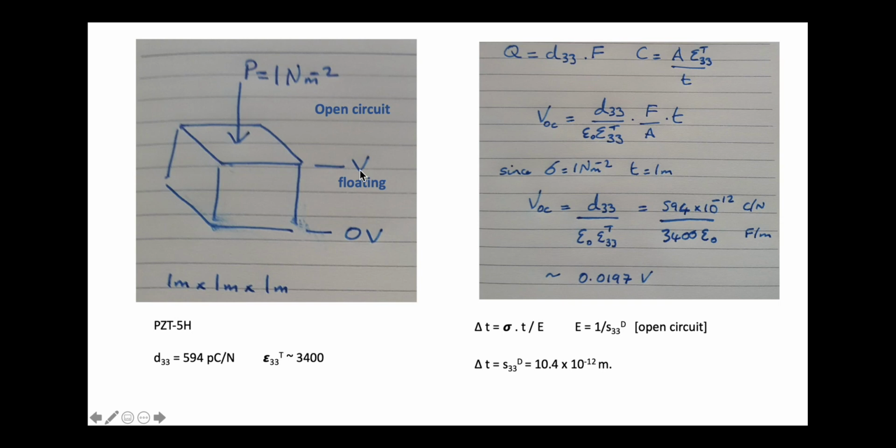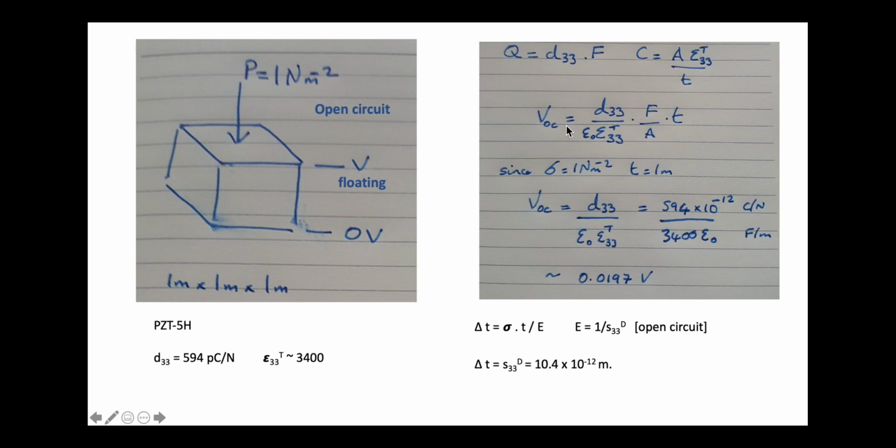I've got a floating voltage here, so it's open circuit. So my charge is D33 times F, and that's the charge per unit force, so that's the piezoelectric coefficient. I know the capacitance of this, it's like a little capacitor in a way, is area times permittivity of the material divided by thickness. This is permittivity times the permittivity of free space, if this is the relative permittivity.